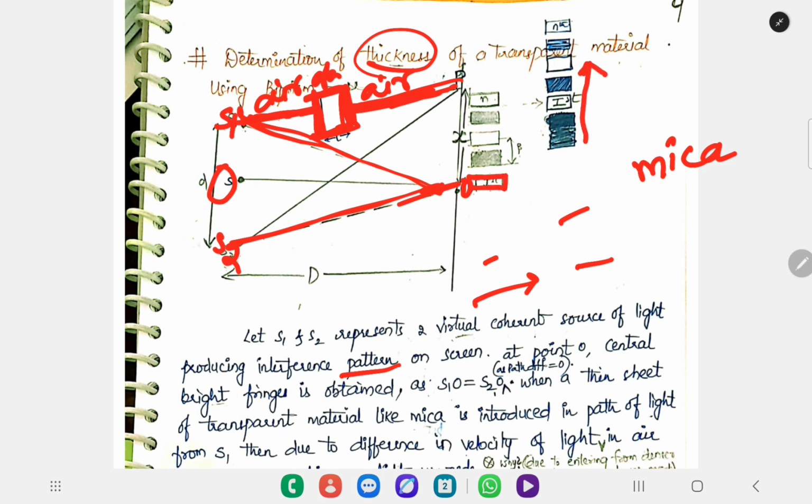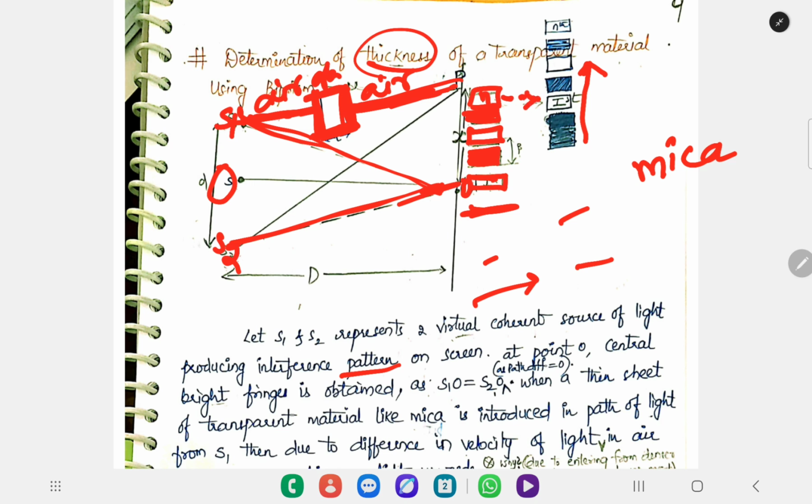Actually the first fringe should form here, the next here, and the third one here, and so on up to the nth fringe here. Now when we introduce this transparent film, the interference pattern will shift.